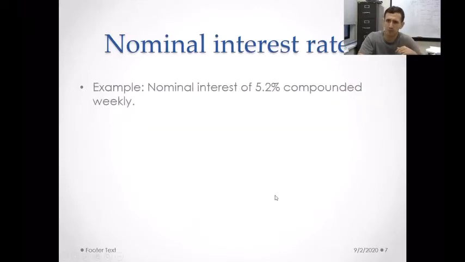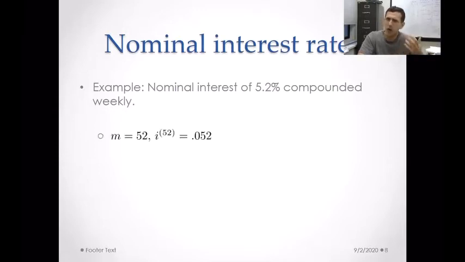Okay. So let me do an example if this is a little abstract and fuzzy. So let's say we have nominal interest of 5.2% compounded weekly. Okay, so I'm not explicitly telling you what m is, but if we compound interest weekly, there are 52 weeks in a year, so that means m is 52.